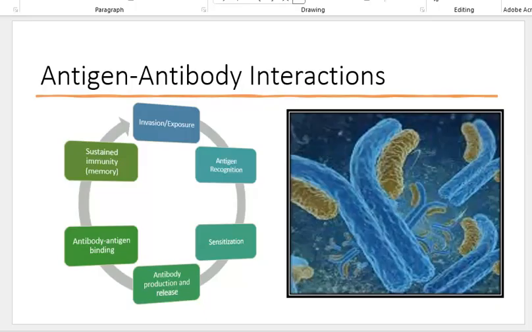And an antigen is referred to as a foreign molecule, often on pathogens, that triggers an immune response. Antibodies, or immunoglobulin, is a Y-shaped protein produced by B cells that specifically binds to antigens.